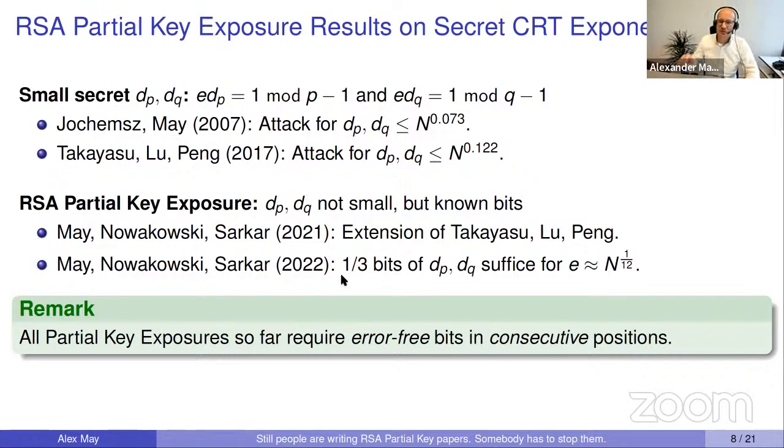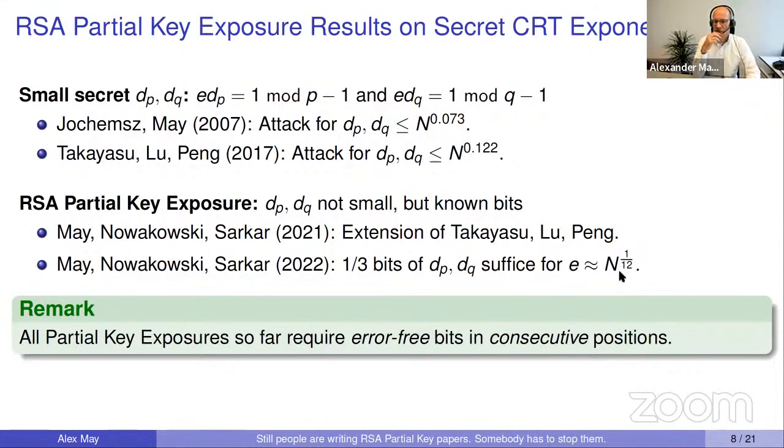So what we showed is, if I give you 1/3 of the bits of dp, dq, then this is enough to factor n actually, or to recover all of dp, dq in the case that e is roughly of the size n to the 1/12.